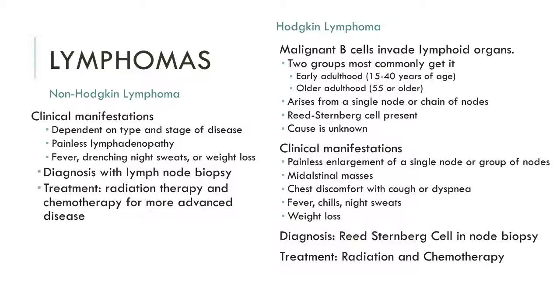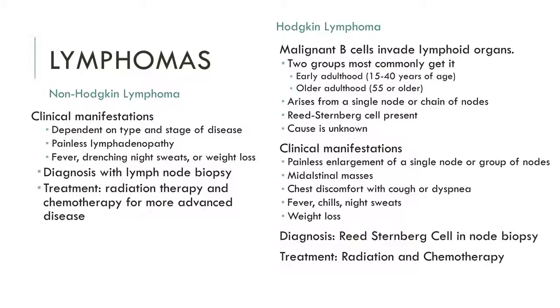the more advanced disease. In Hodgkin's lymphoma, they have malignant B cells invading the lymphoid organs. So if you think about this, remember the B cells are kind of sitting out on the edge of the lymph nodes. There's two groups that most commonly get Hodgkin's lymphoma.